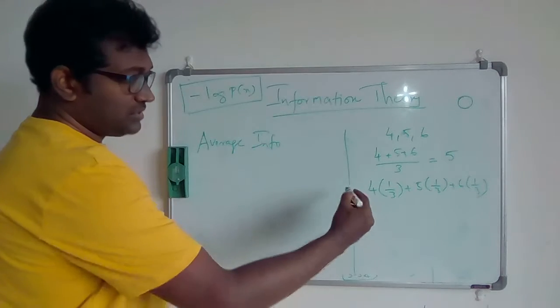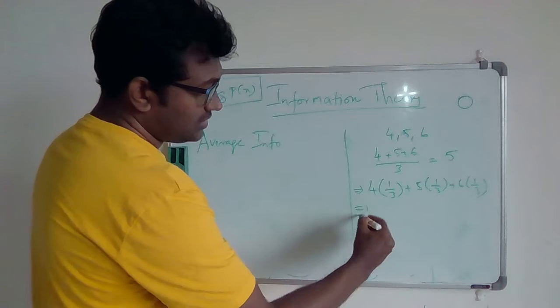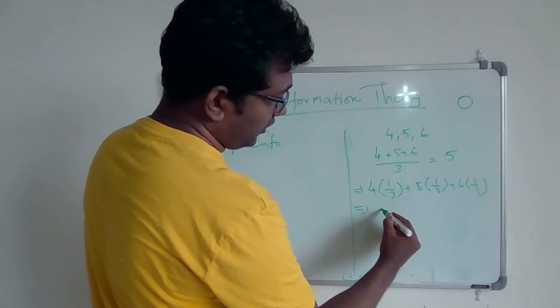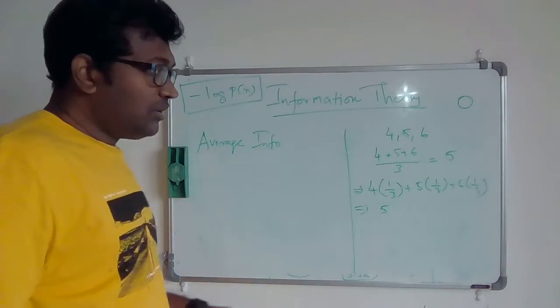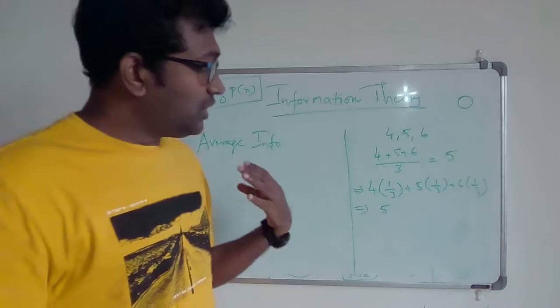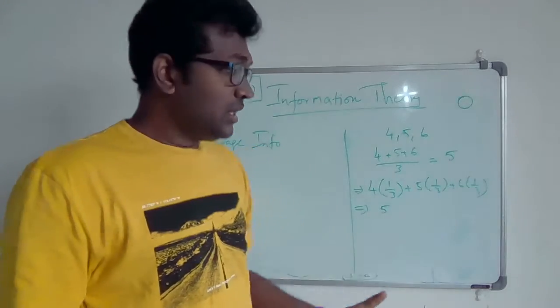If we calculate this, you will again get the same answer, 5. So normally when you do an average, we assume equal probabilities for all the occurrences.